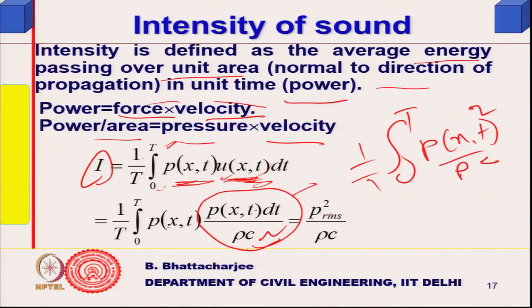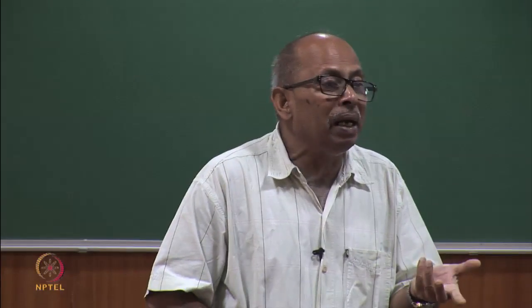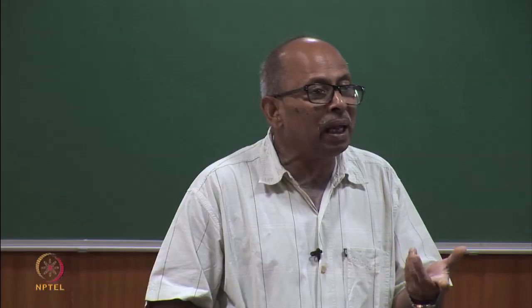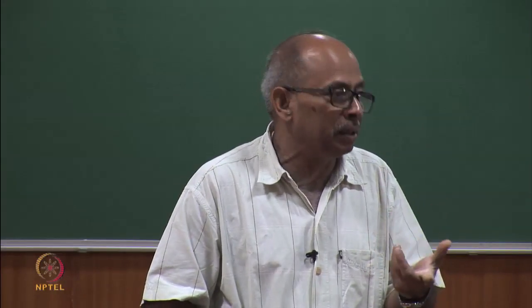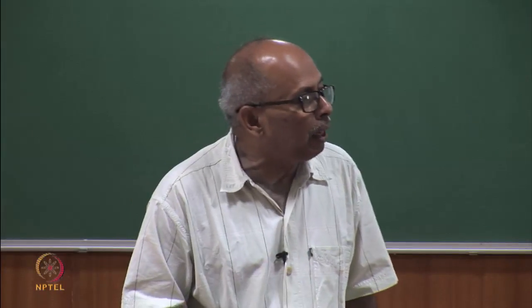Now, if I integrate this p square over the time period and divide by T, I am squaring it up, then taking its mean, 1 by T means average, and if I take the root of that, I call it root mean square, p RMS. So, I am writing it as p RMS square.